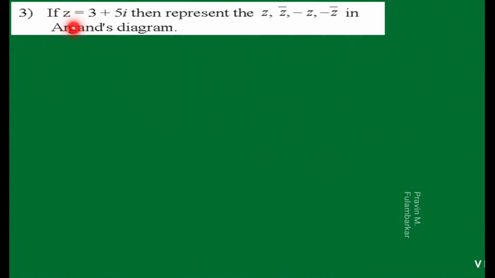Now see next question. If z equals 3 plus 5i, then represent z bar, minus z, and minus z bar in Argand diagram. This z bar means conjugate of z, minus z means we have to take negative of this z, and minus z bar means we have to take negative of this conjugate z bar.